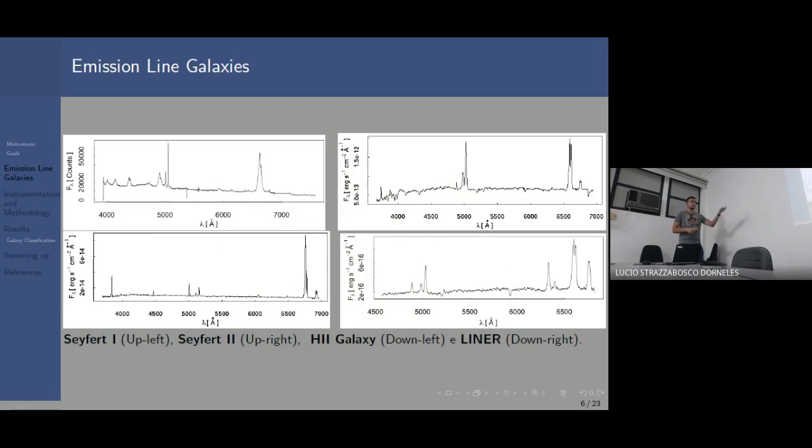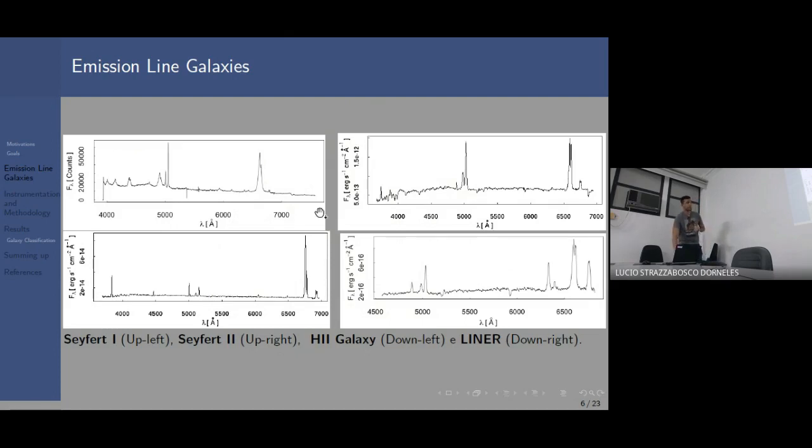And we can classify this galaxy by the type of spectra it presents. Like here, where we have a spectrum with the Balmer transition lines broad and the forbidden transition lines shorter and narrow.